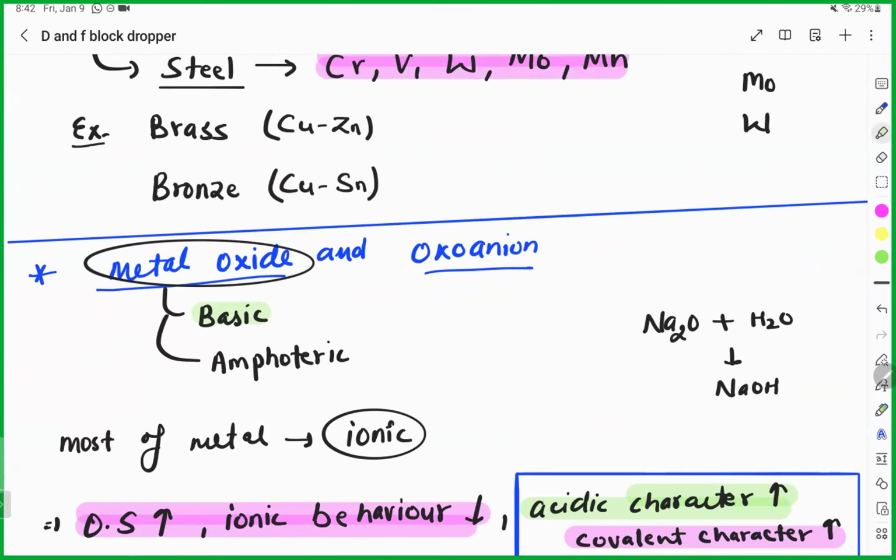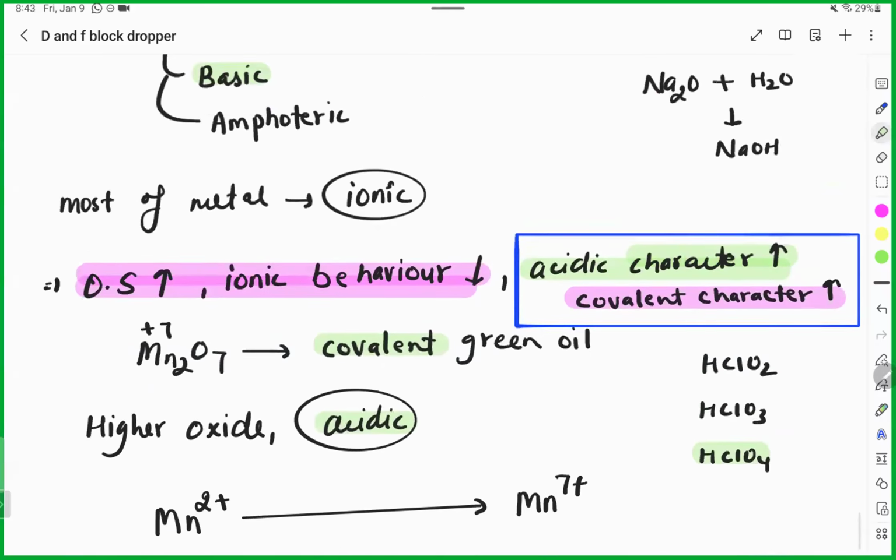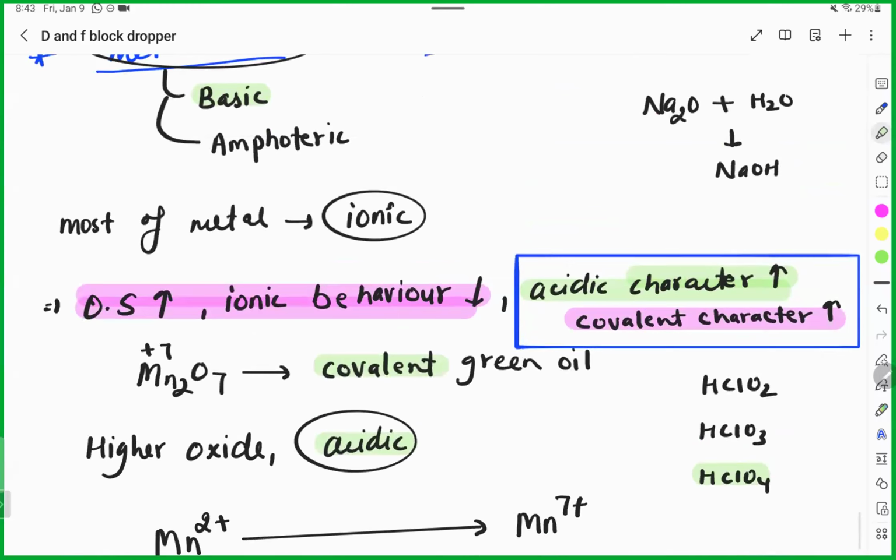And the best example is this, like when we said V2O5 is amphoteric. How do we know? Because it reacts with both acid as well as base. It means it is amphoteric in nature. Got it? So one general rule, remember this part: oxidation number increases, ionic character decreases, and covalent character and acidic character increase.